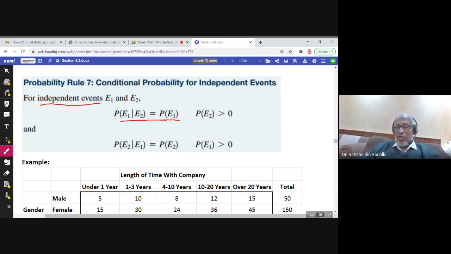So this is the definition of independence. If probability of E1 given E2 equals probability of E1, this means that the two events are independent. And if the two events are independent, this must be true. Of course, both are correct, because you can talk about probability of E2 given E1, and this would be equal to probability of E2, which means E1 does not influence E2.